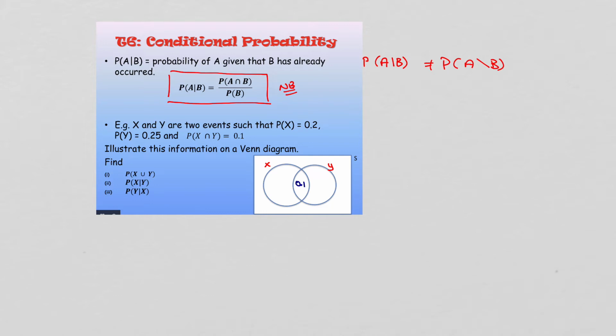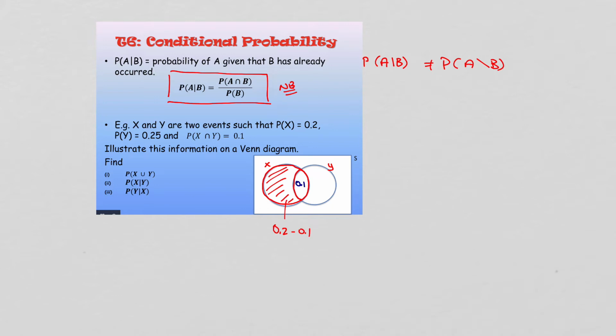So therefore, if the probability of X is 0.2, well, let me circle that in red. All of this circle represents 0.2. So therefore, if the intersection is already 0.1, well then the remaining part, this bit here that I've shaded in red, has to be 0.2 minus 0.1.